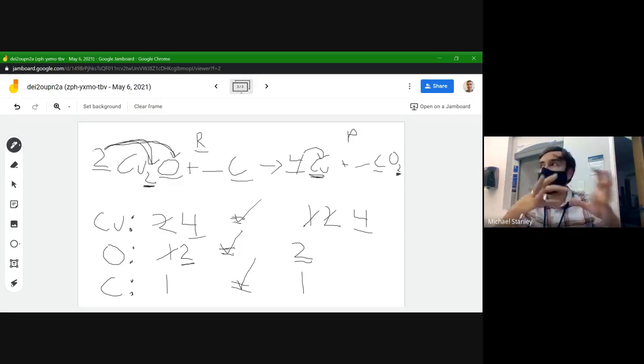This one needed a little bit more finagling, a little bit more touching up than the other ones. But again, the same process applied. Figure out your starting number of atoms, change a coefficient to try and balance them, see if that has changed any of the other balances, and keep going back and forth, changing the coefficients that make the most sense until you end up with a nice balanced chemical equation here.